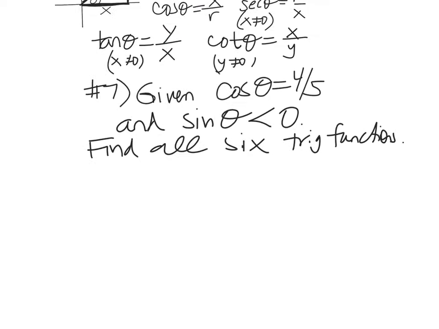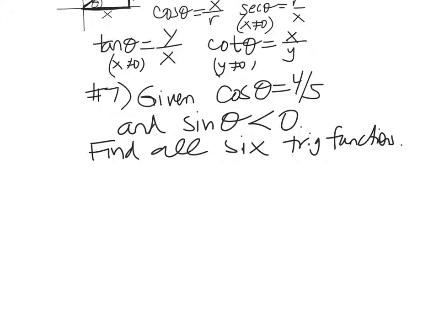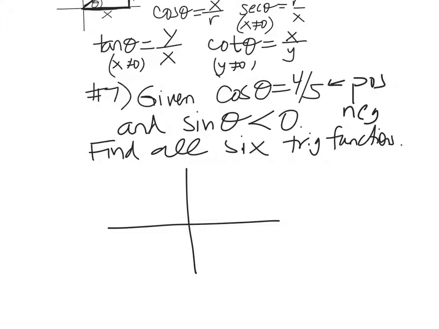So the first thing you need to do is figure out what quadrant you're in. It's quadrant 4. Cosine is positive and sine is negative. The only quadrant where cosine is positive, it's 4/5, and sine is less than 0, is quadrant 4.